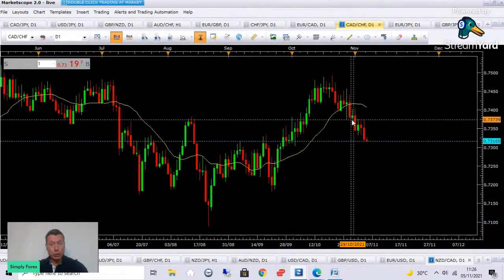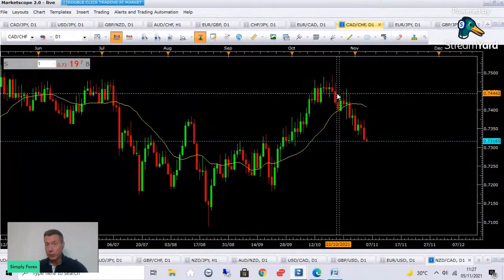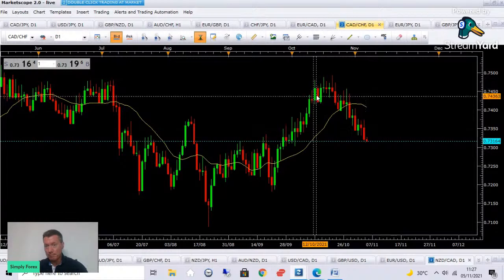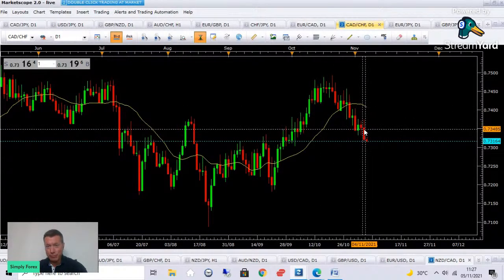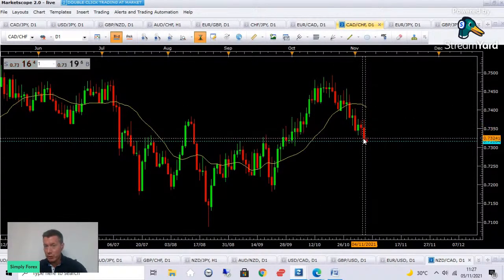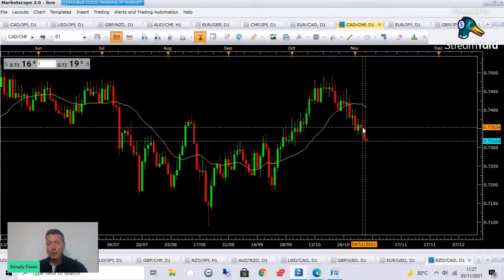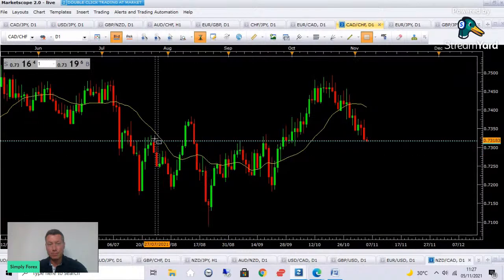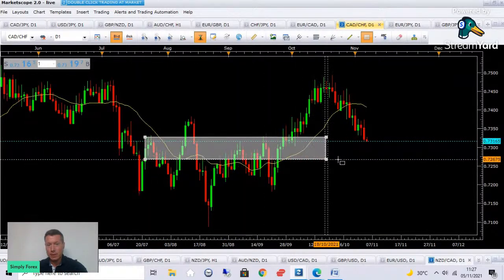Similar story to the Aussie dollar Swiss franc. Obviously, these two currency pairs will be heavily correlated as well. Again, we've got a bearish market and a bearish candlestick pattern. But I'm seeing a lot of support in this zone here.